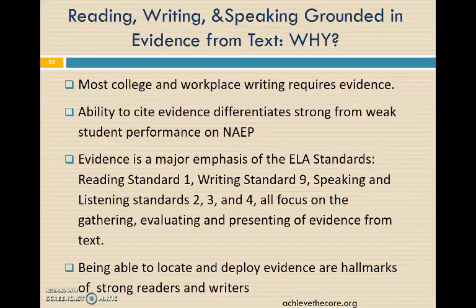Okay, so we want to focus on that. And we see it throughout the standards. We also know that strong readers have this ability. They're able to locate key information and use that evidence to support their answers on tests and in their writing.